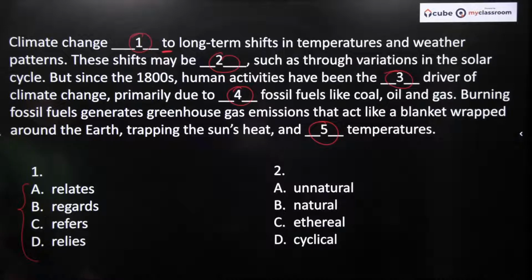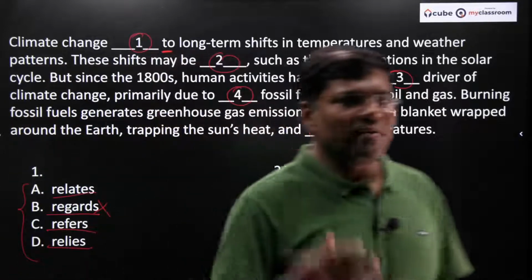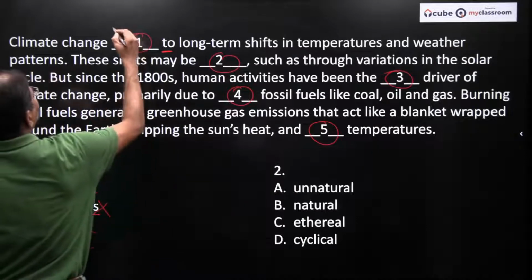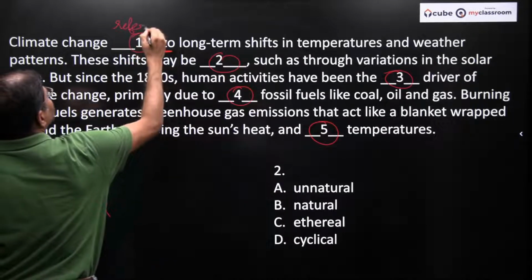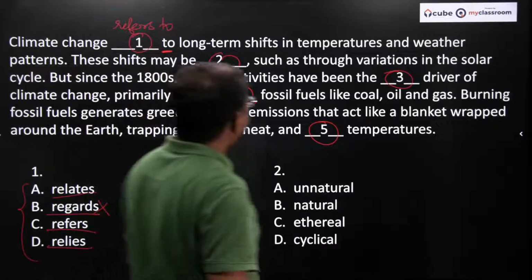It says climate change relates to, regards to, refers to or relies to. So regards is not the right word because you have with regards to. Rather than the word regards straight, you will have with regards to. So climate change, the best word is refers to, correct? So if I have to use something, you would see climate change refers to long term shifts in temperature.